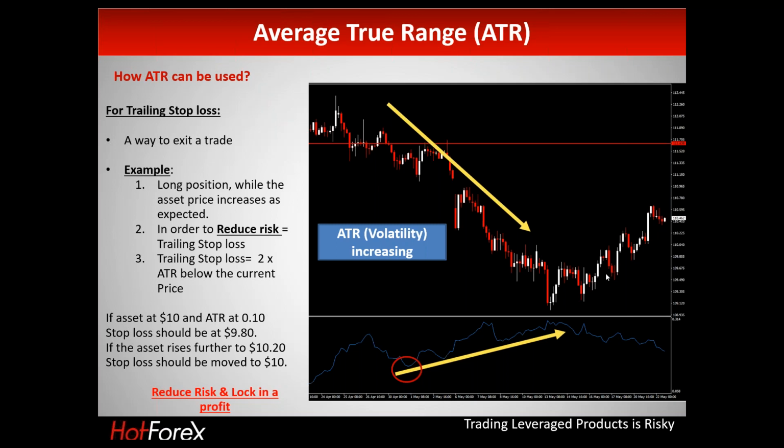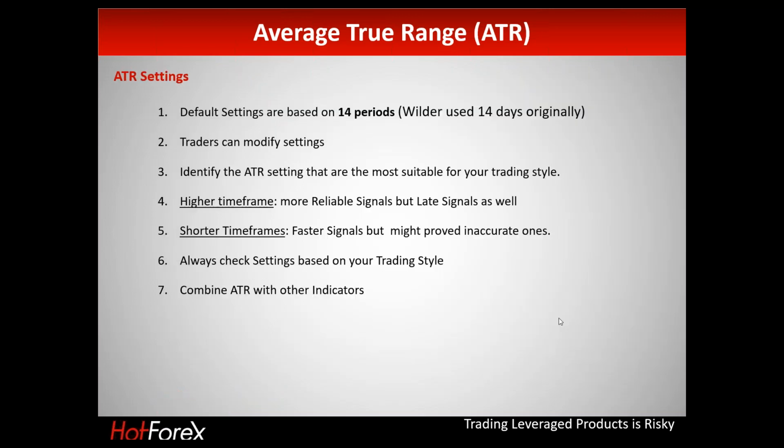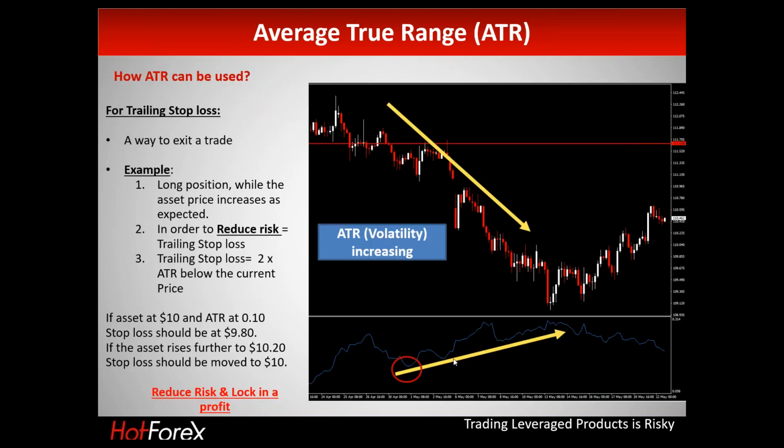price of the asset. I have an example here because I think it's quite difficult to understand just verbally. So concentrate on this part of the slide. There is my example, to understand what a trailing stop loss is, how it could be set according to ATR, and why we say that it reduces risk and locks in the profits.